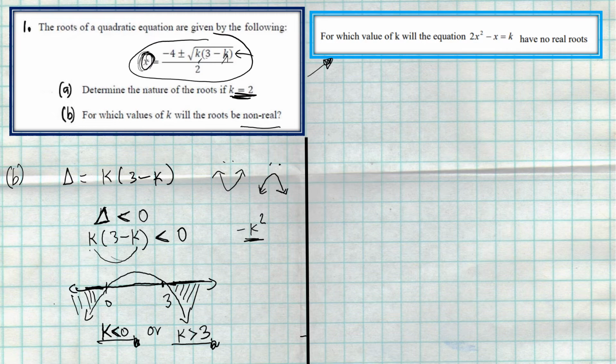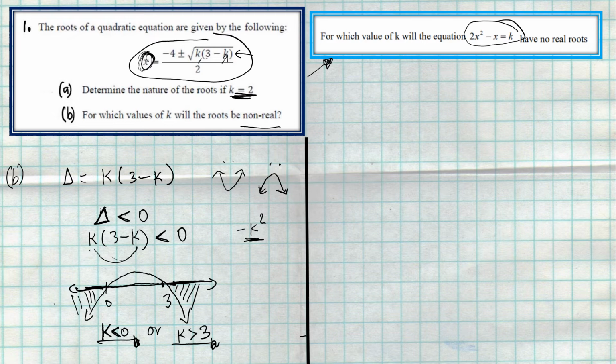It's not like the first one, where you were just given a quadratic equation and asked to solve for the roots. In this one, they give you the equation in the form of a linear bit, to say for which values of k will the equation have no real roots.